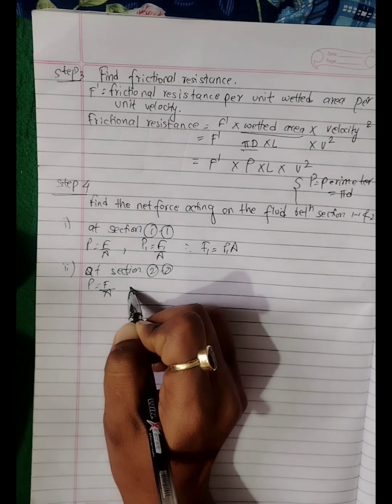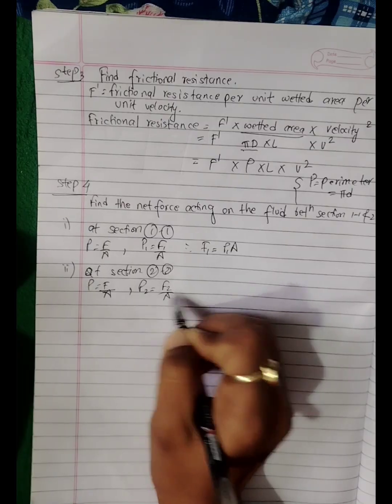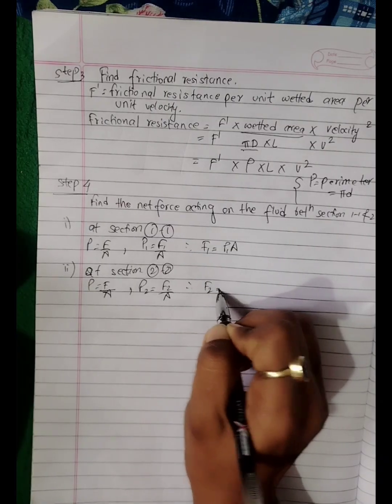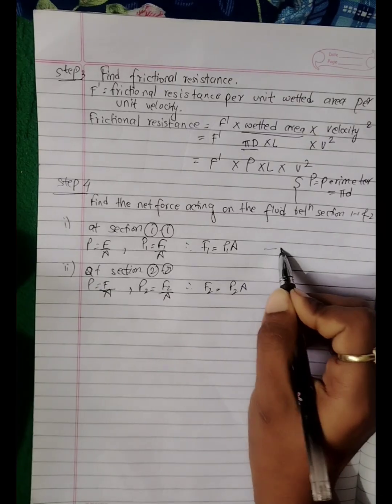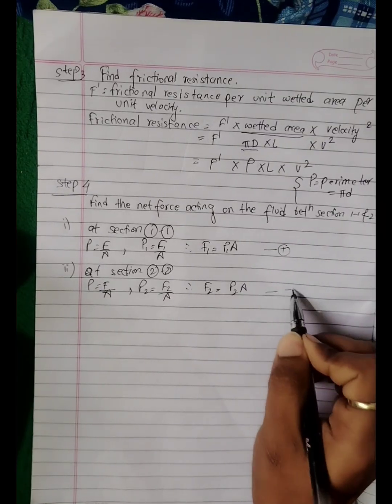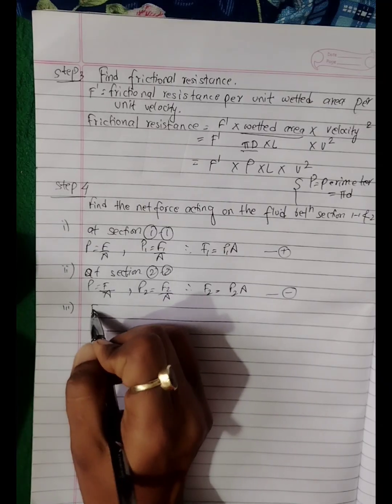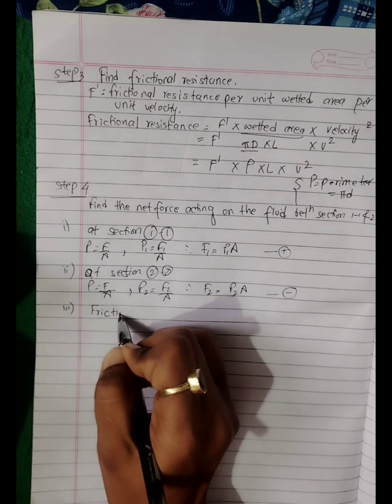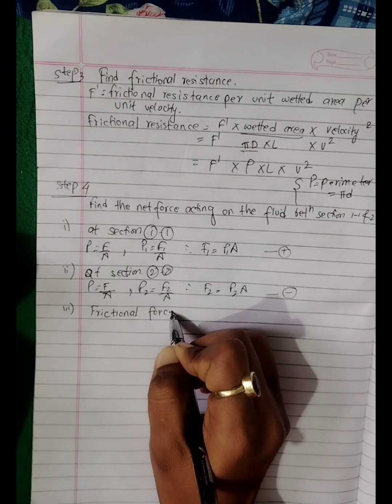F1 is positive, whereas F2 is negative, since considering the direction of flowing water. Plus the frictional force.